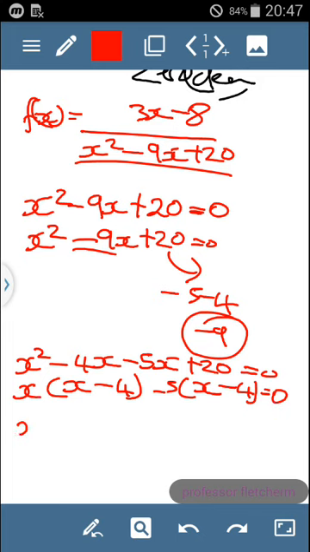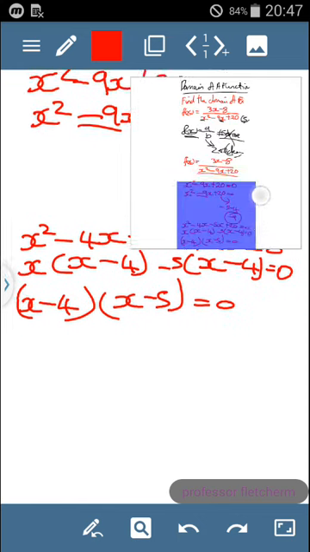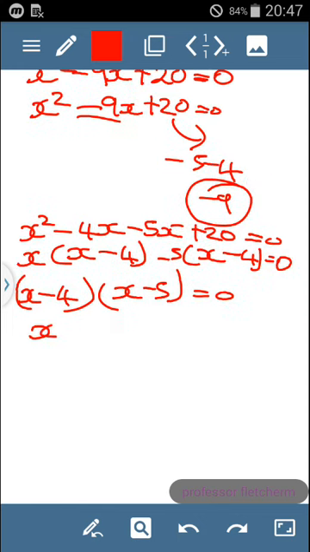As a result, we have x minus 4 times x minus 5 equal to 0. This means that x is equal to either 4 or 5.